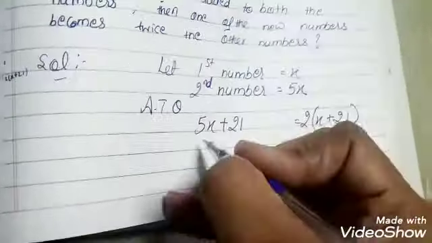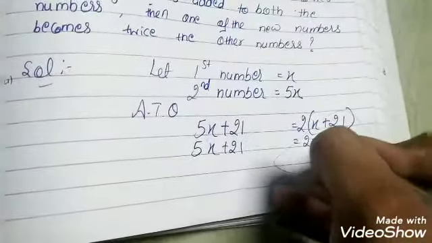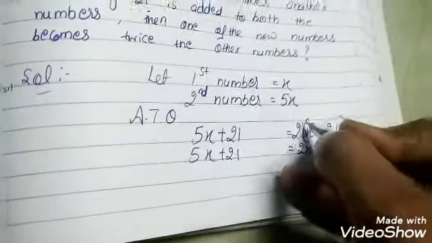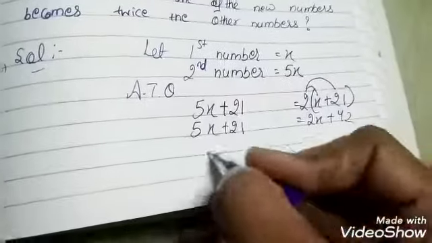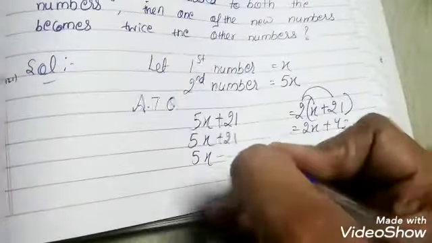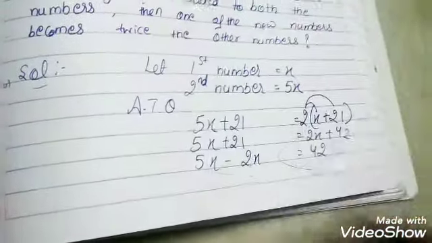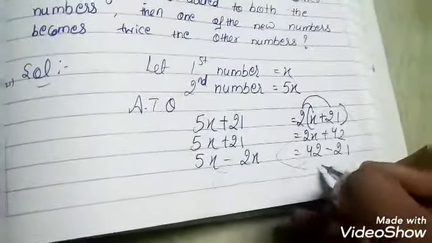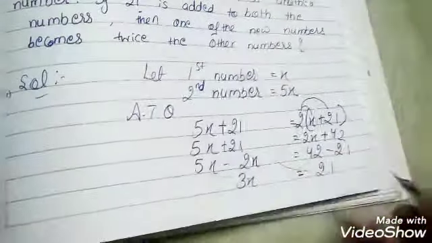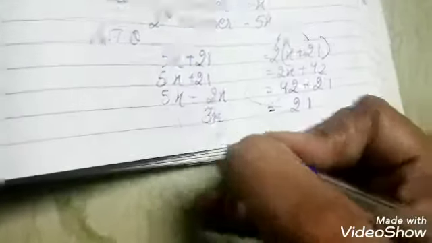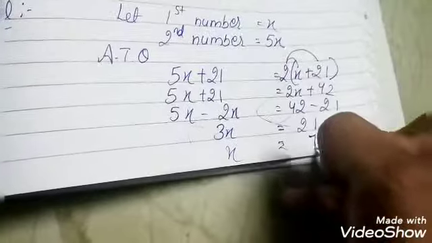Now let us solve it. 5x plus 21 will be equal to 2x plus 42. How does it come? 2 into x and 2 into 21. Now 2x will come here and get subtracted. 21 is adding here, there it will get subtracted. So this is the equation: 3x is equal to 21. 3 is multiplying here, it will get divided and the value will become 7.